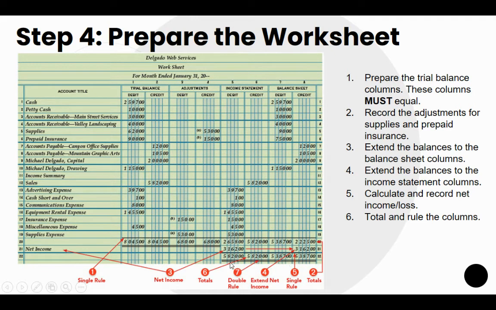So at the end of this, your income statement column should be the same and your balance sheet column should be the same, but the 4 are not going to be the same. These 2 are going to be the same, these 2 are going to be the same. And that's your worksheet. If these do not come out, you have to find your errors. That's the whole point of the worksheet, is to find if you have mistakes and get them fixed before the end of the fiscal period.